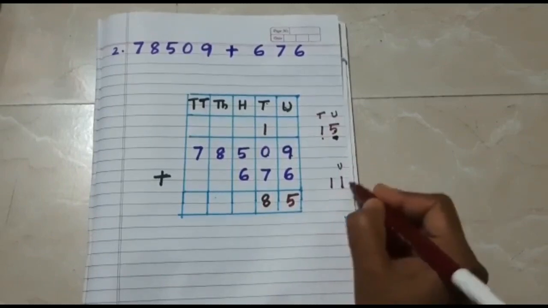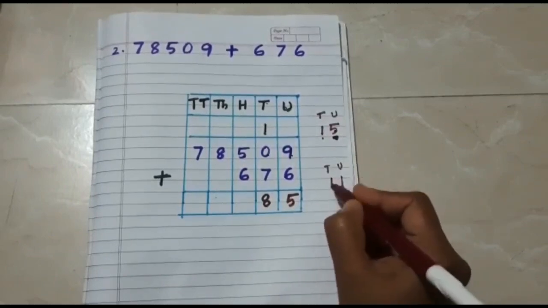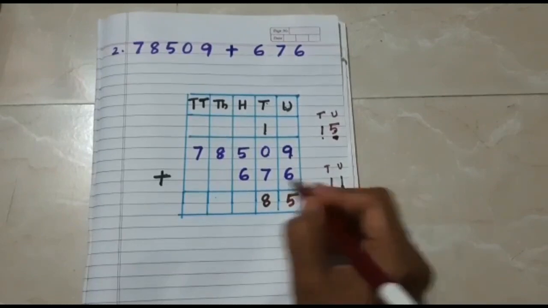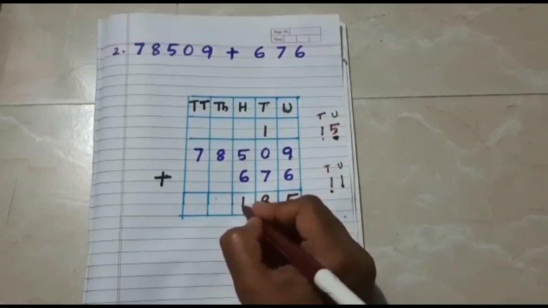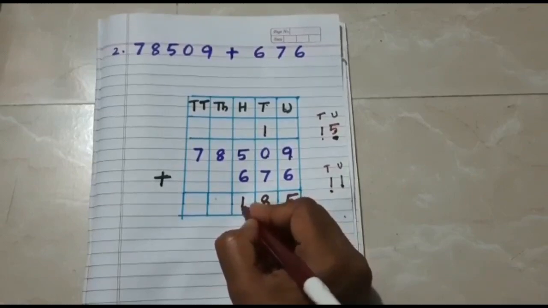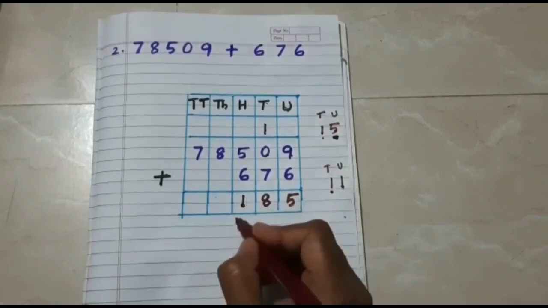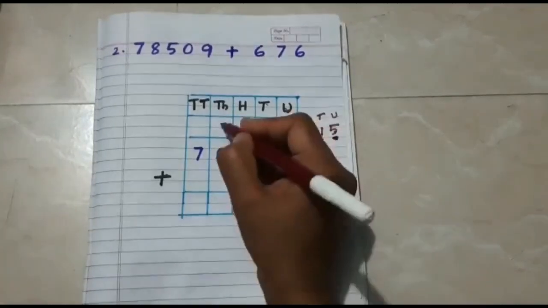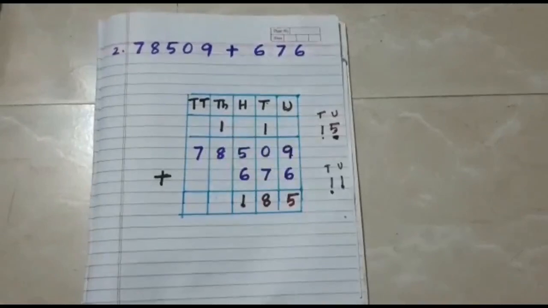In 11, this 1 stands for units and the place value of the other 1 is tens. So I will be writing the digit which corresponds to units, that is 1, and the digit which corresponds to tens I am going to carry over here.